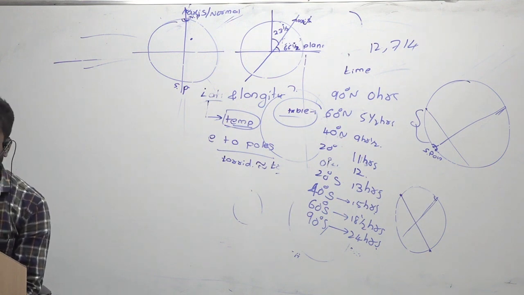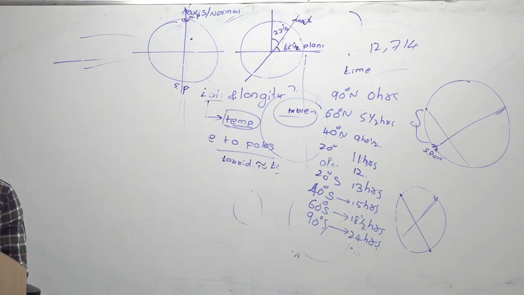Here the subsolar point is shifted to 23.5 degrees north latitude, that is the Tropic of Cancer.